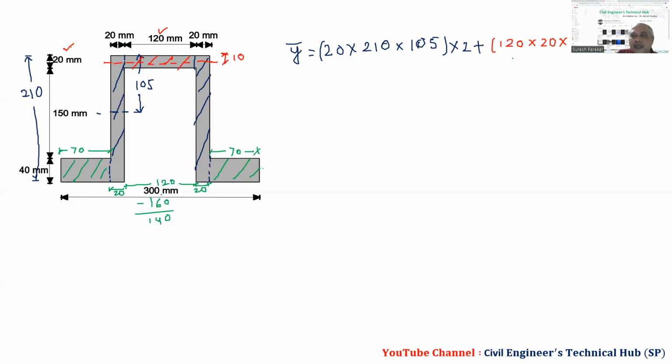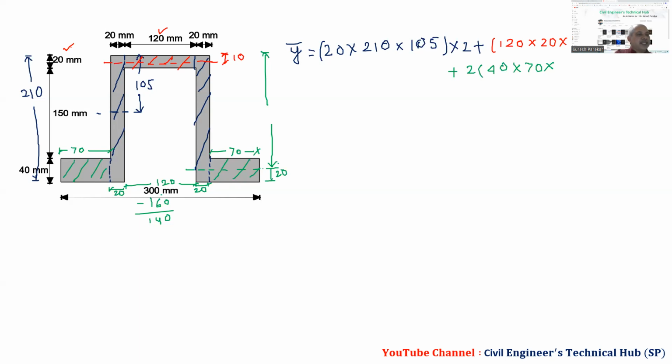And then we have plus 2 times 40 into 70 into, now, the distance from top. So this distance: we have total distance 210 and this distance we have 20.